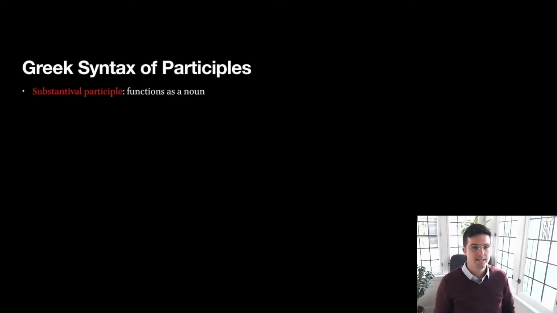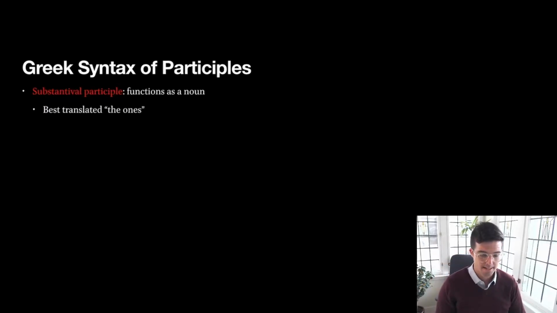The syntax of the substantival participle is going to be similar to the syntax of the substantival adjective, wherein the adjective functions as a noun. With a substantival participle, the participle functions as a noun in a variety of different cases. It could be in the nominative, the genitive, the dative, or the accusative, depending on its function in the sentence.